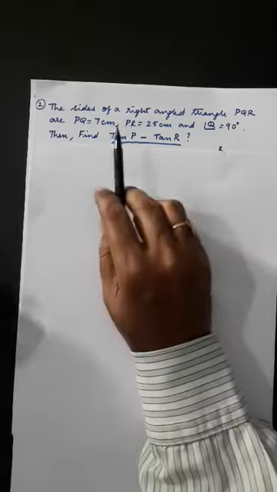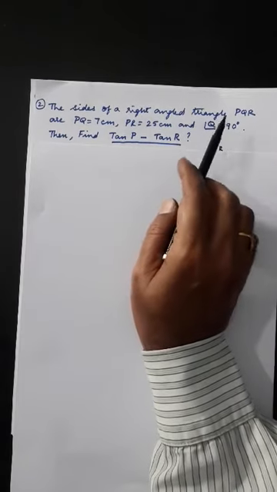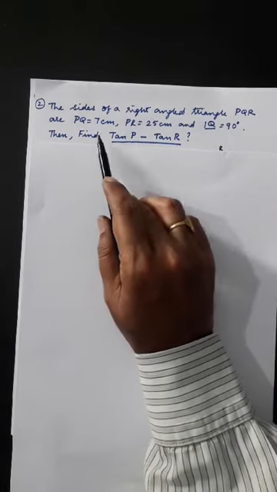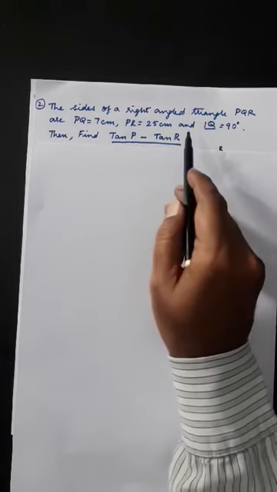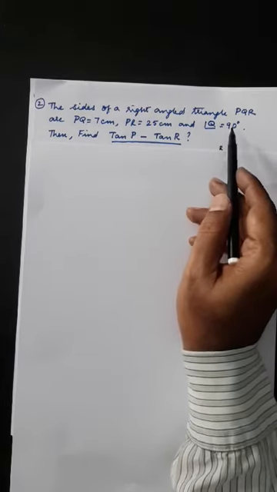The second problem is: the sides of a right angle triangle PQR are PQ equal to 7 centimeters, PR equal to 25 centimeters and Q is 90 degrees, which is given.